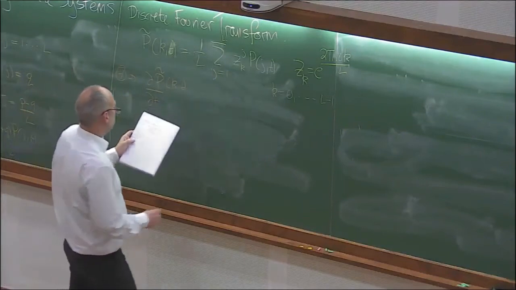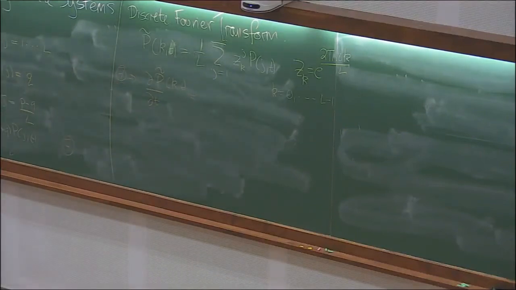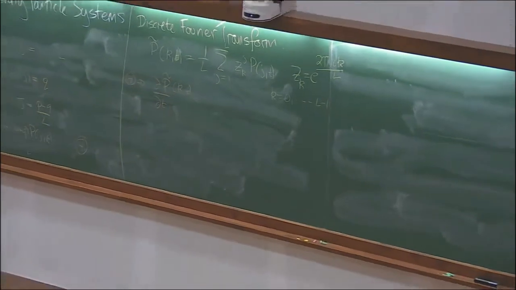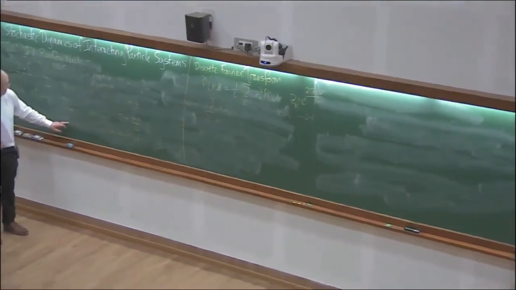So that's my transform. Then in here, I've got a j minus 1. So when you work this out, I've got z_k to the j. I'm going to have to relabel the sum to get a j there.